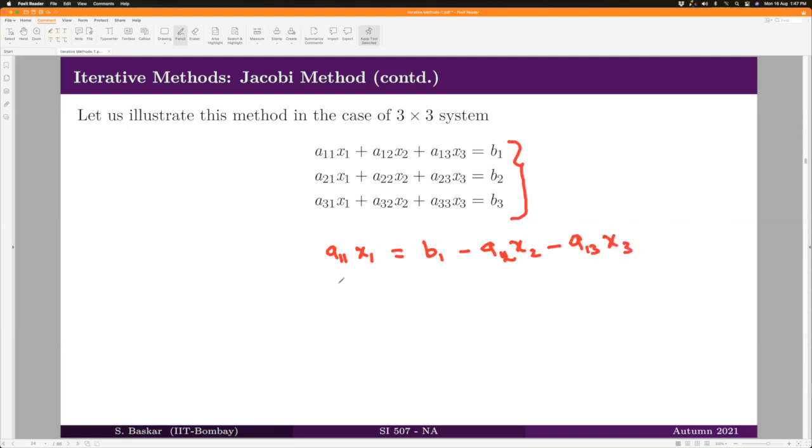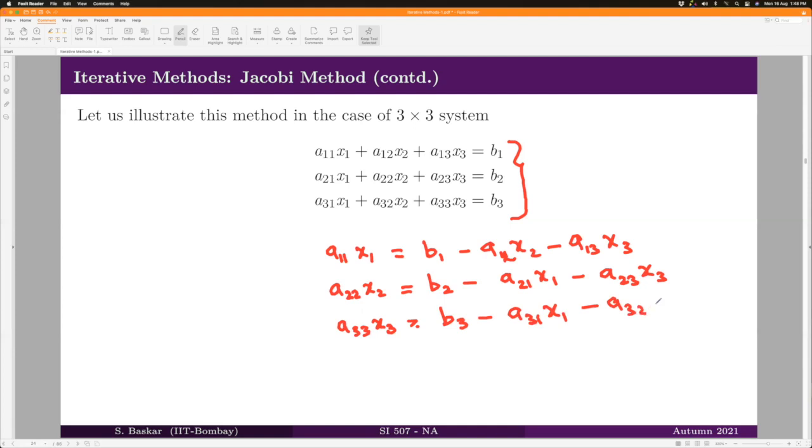Similarly, from the second equation, keep the diagonal term on the left hand side and push everybody else to the right hand side, that is b2 minus a21 x1 minus a23 x3. Similarly, in the third equation, you keep a33 x3 on the left hand side and write the right hand side as b3 minus a31 x1 minus a32 x2.